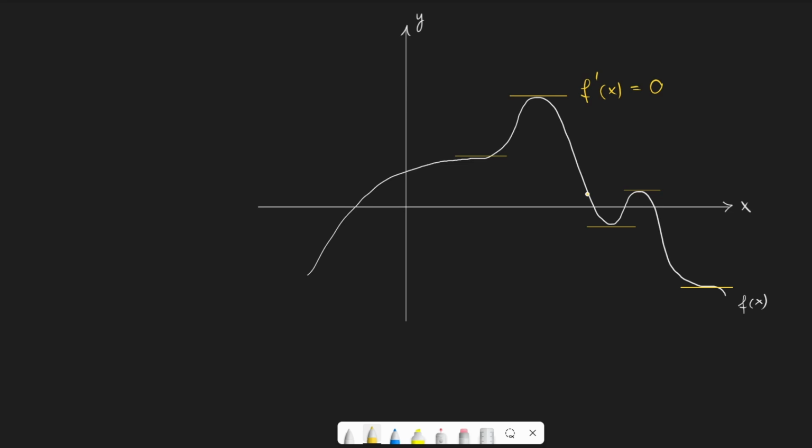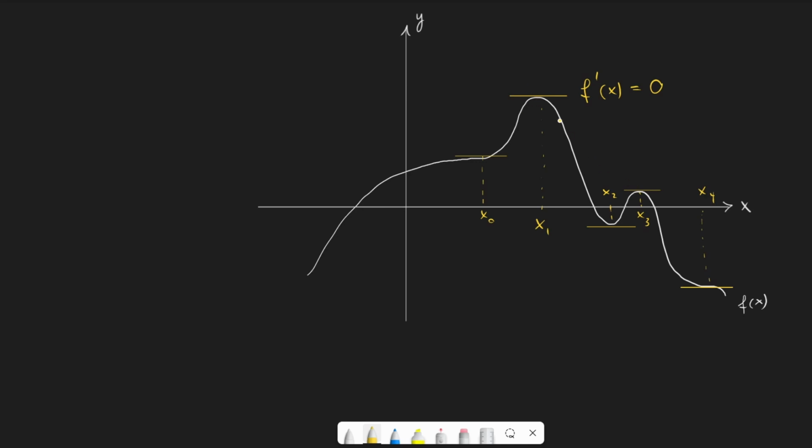But how can we investigate whether these are really local extremas? This we can investigate by looking at the second derivative at these points. Let's call these places x0, x1, x2, x3, and x4.